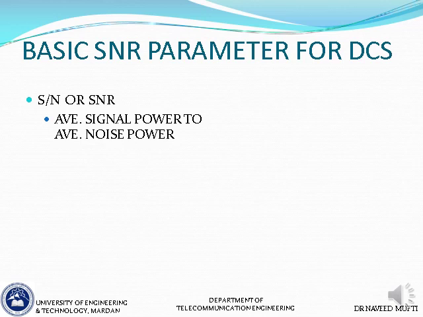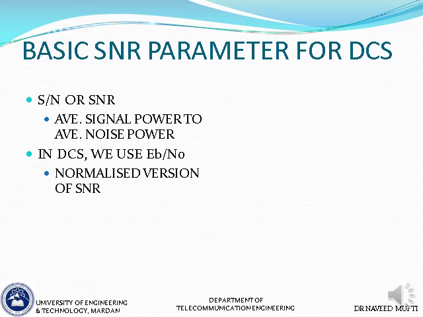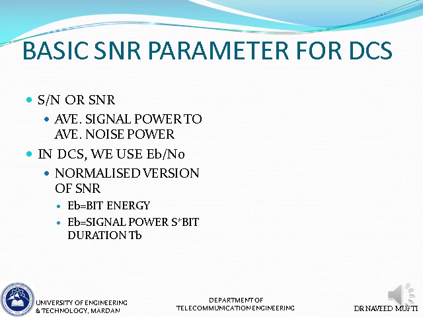But in digital communications, we more often use Eb by N0, which is a normalized version of SNR, and that is the figure of merit used in digital communication. Here Eb represents the bit energy, which is the signal power S multiplied by the bit duration Tb, the bit time. That is how we get the bit energy, the power multiplied by its duration, which is the normal formula for calculating energy.